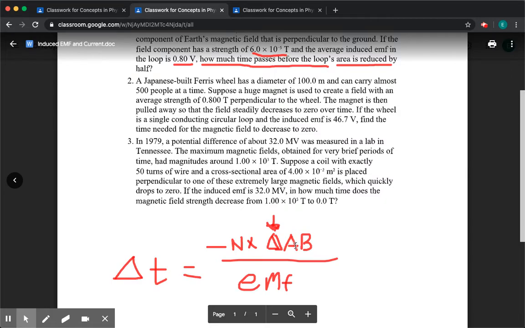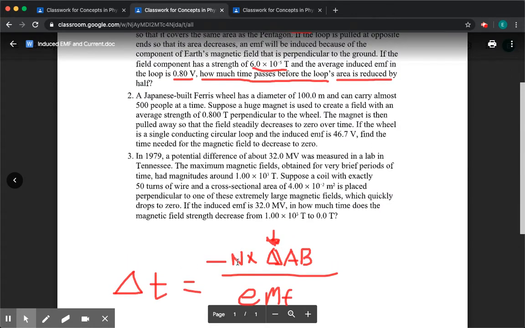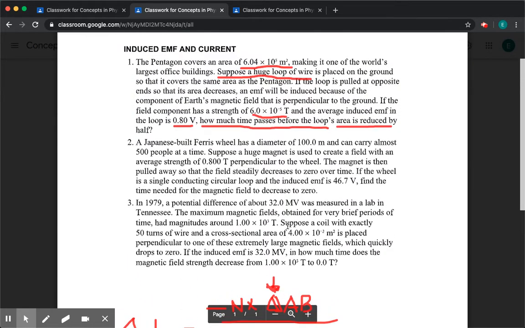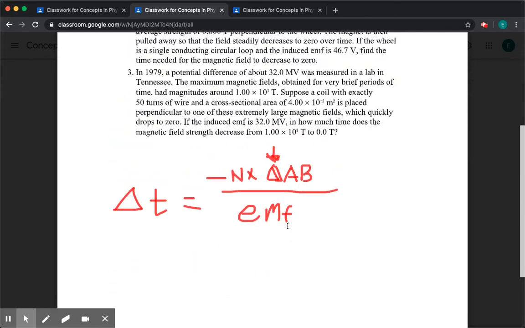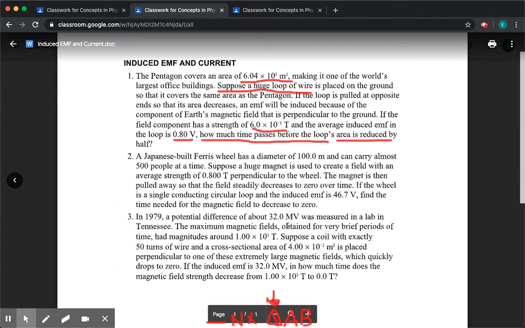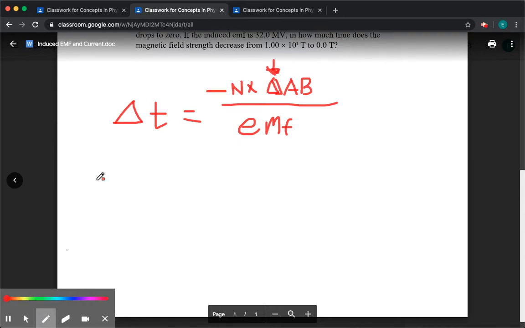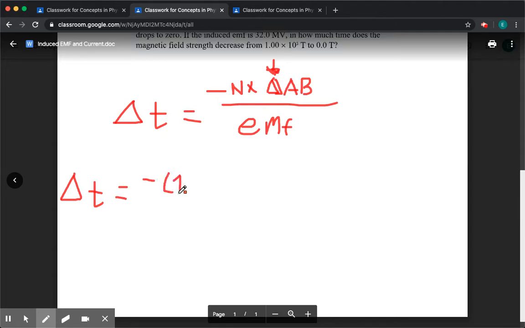So we have A, we have B, and we have N, and we also have EMF. So we have everything we need to answer the question. Now it's a matter of plugging the numbers in. We just assumed that N is 1, so we have one single gigantic loop.